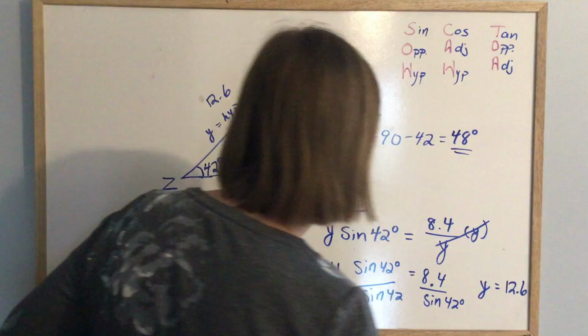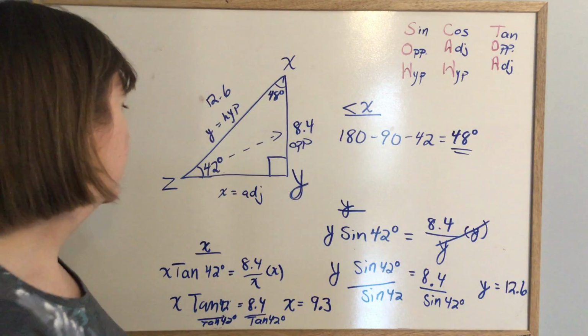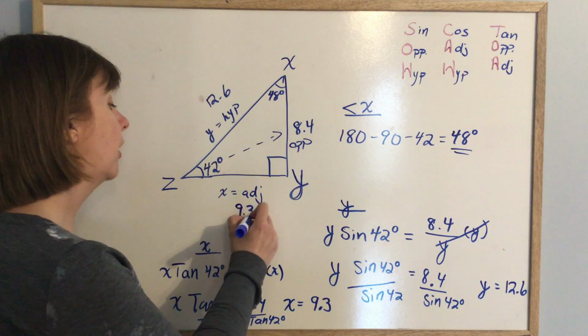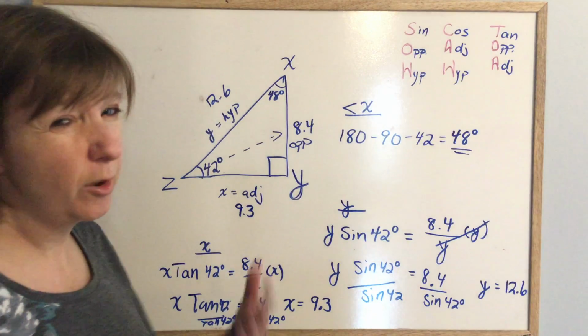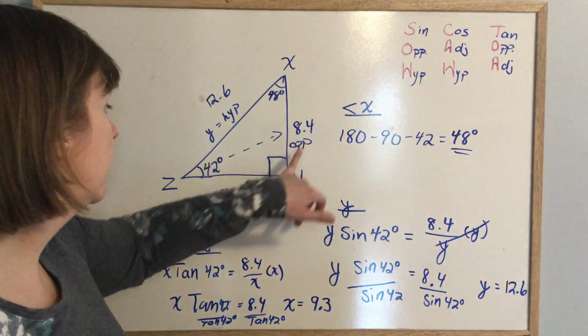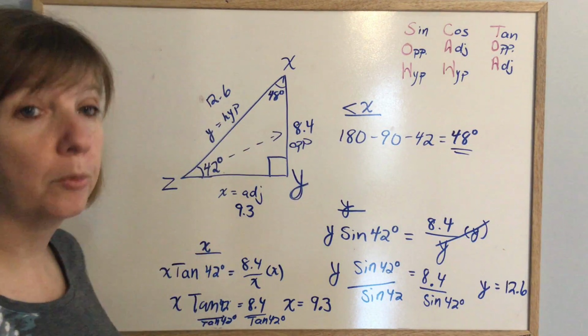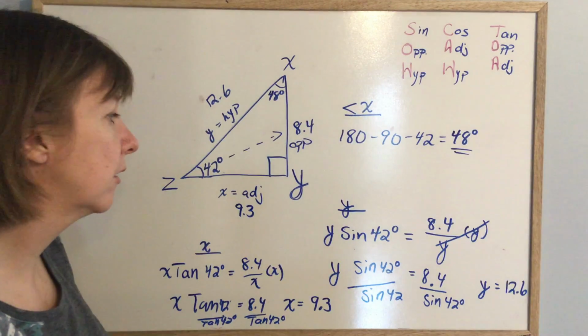Now remember, when you figure this out, your hypotenuse should always be the longest side. So I just do a quick check: 8.4, 9.3, hypotenuse 12.6. Okay, well at least it is the longest side.